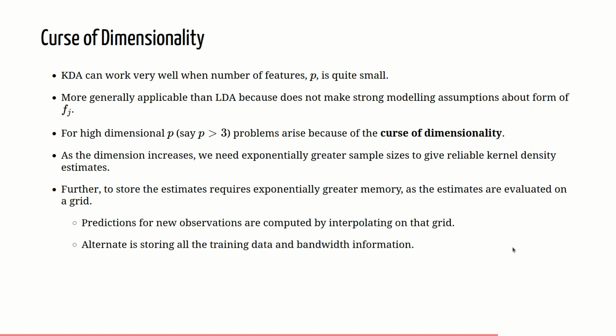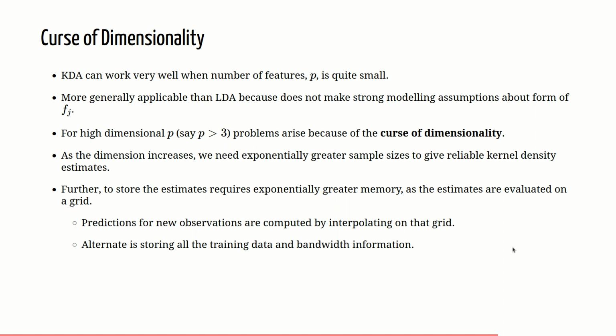And the LDA assumption will almost certainly not hold, right? Nothing is ever perfectly normal. But for a high number of predictors, and we're not talking very high at all, so more than about 3, you get problems because of the curse of dimensionality. The reason is that as the number of dimensions, the number of predictors, increases, we need exponentially more data to give reliable kernel density estimates.